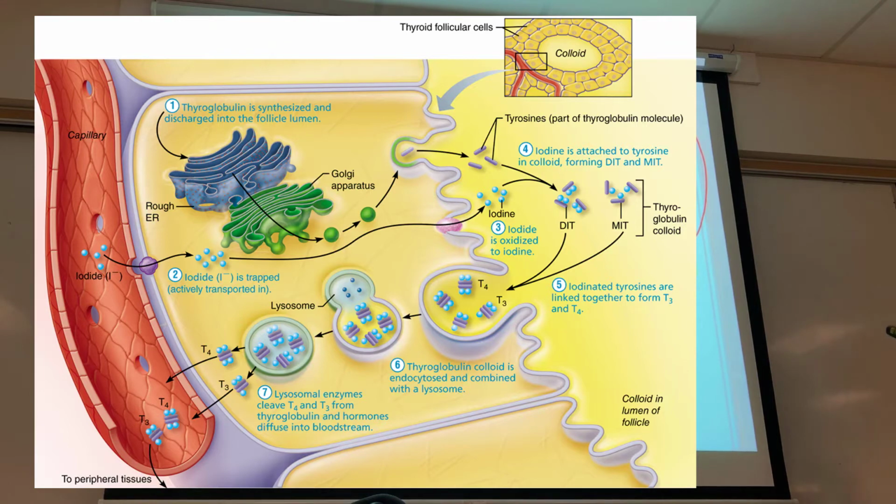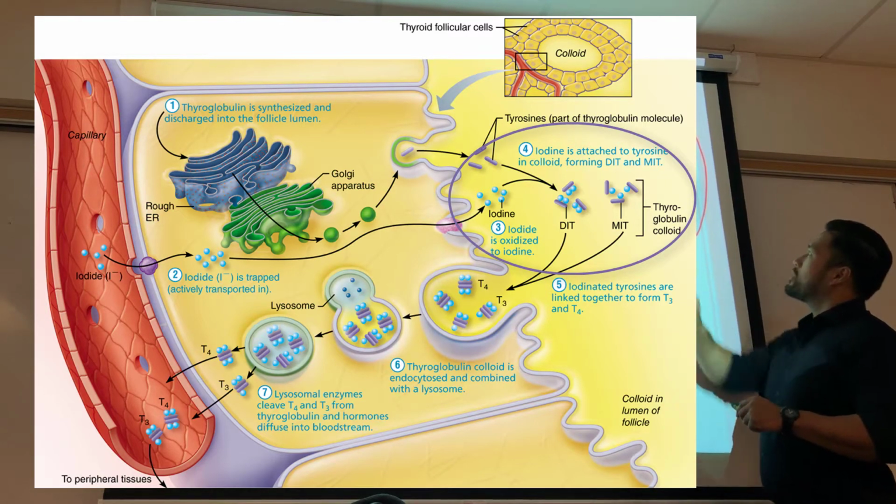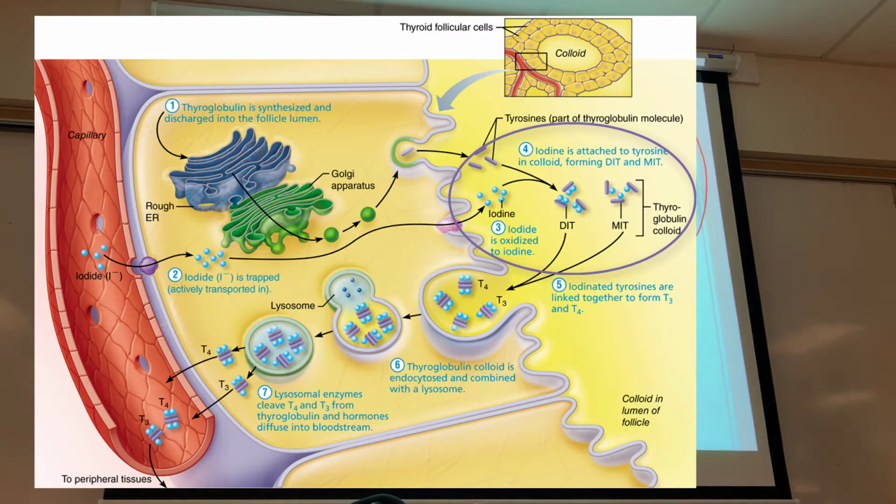So we extract it from our diet, it makes its way through the circulatory system into the follicular cells and then is channeled out into the TGB, mixes with the thyroglobulin, and will start to bind onto areas of that thyronine molecule.